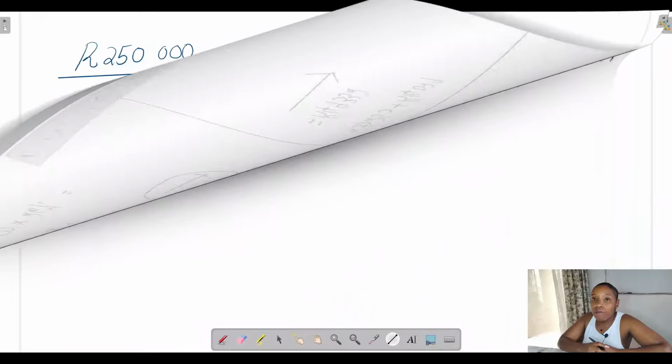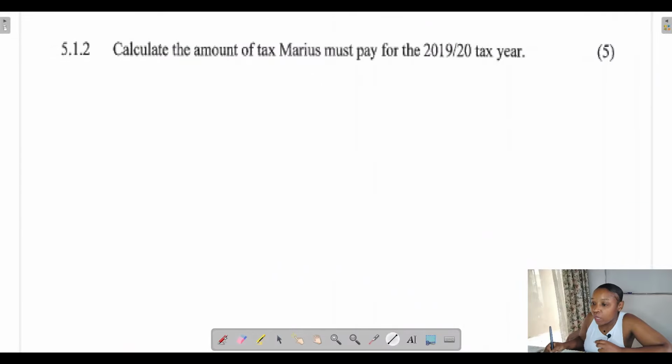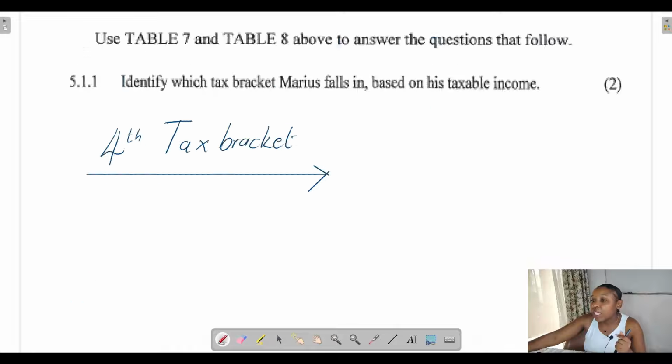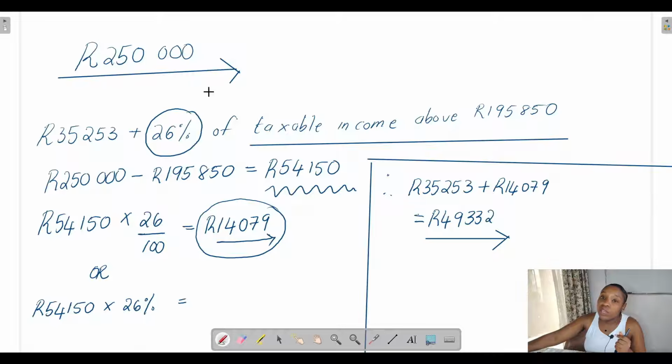Cool stuff. Question 5.1.2 says: calculate the amount of tax Marius must pay for the 2019 to 2020 tax year. How much is the amount of tax that he must pay? We need to remember the explanation that I gave you when I started the video tutorial, because that is going to come in handy when we're calculating the amount of tax that he has to pay.